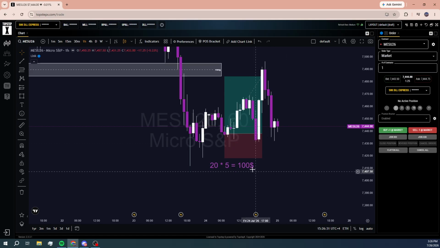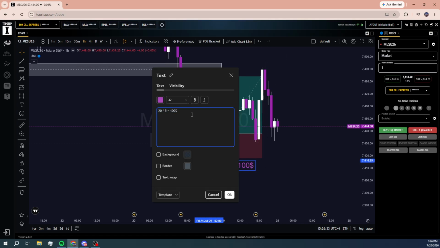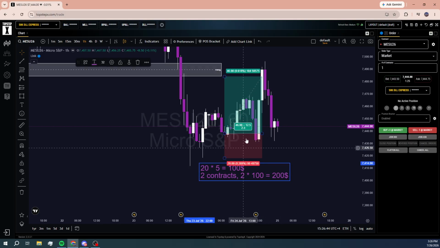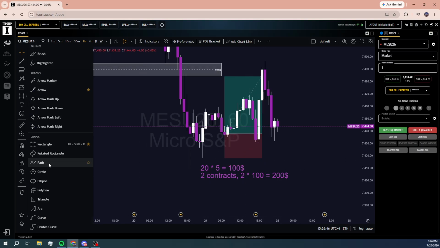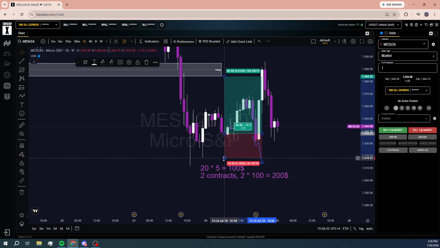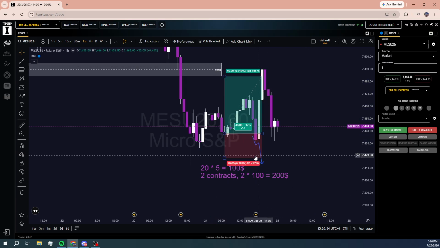If I wanted to risk $200, what would I do? I would simply enter with 2 contracts, because 2 times 100 is $200, which is the risk I want to take. This stop loss means that if price came downside and went below my stop loss, I would risk $200.